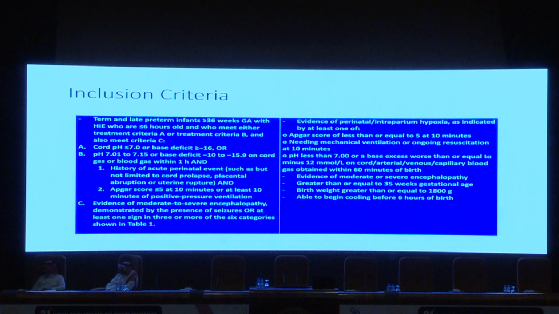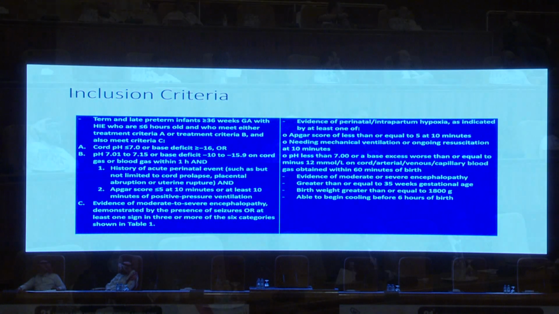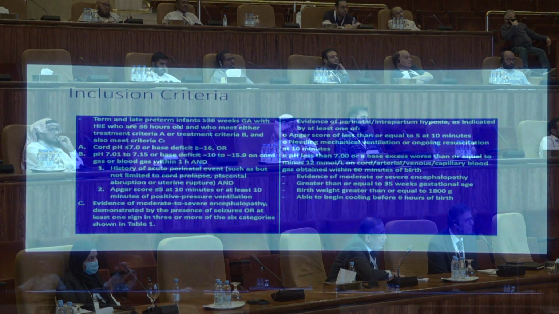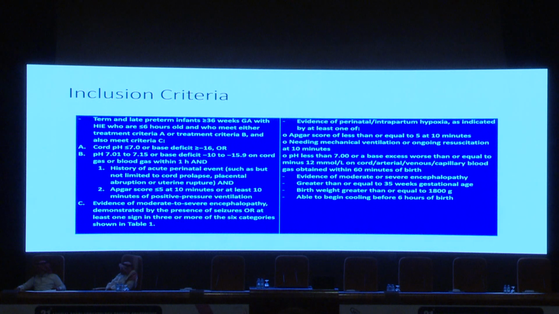So there were, for example, abnormal fetal heartbeats or late fetal decelerations, antepartum hemorrhage, and then poor cord gas pH, resuscitation at more than 10 minutes of age, everything that indicates that the encephalopathy was caused by an ischemic insult. Okay, so those are the inclusion criteria.